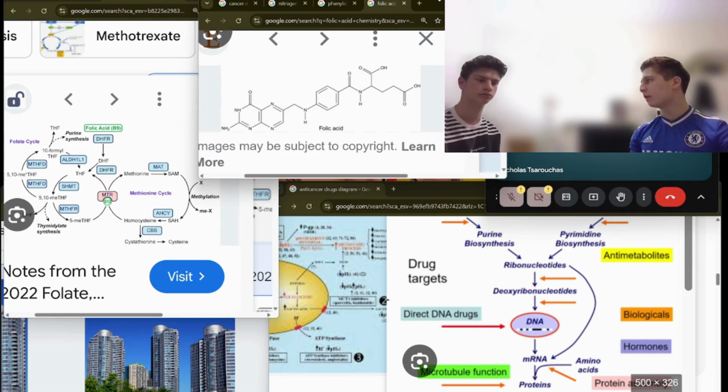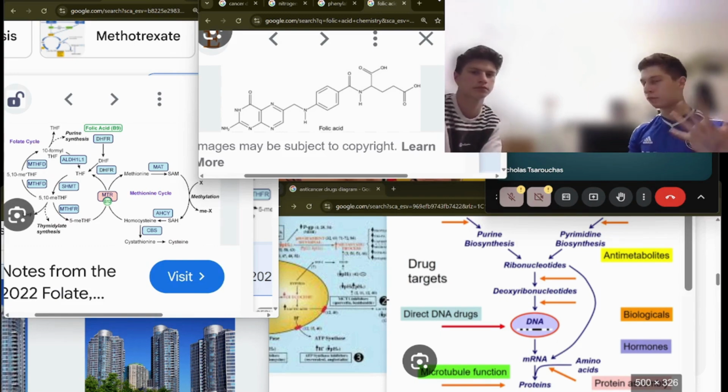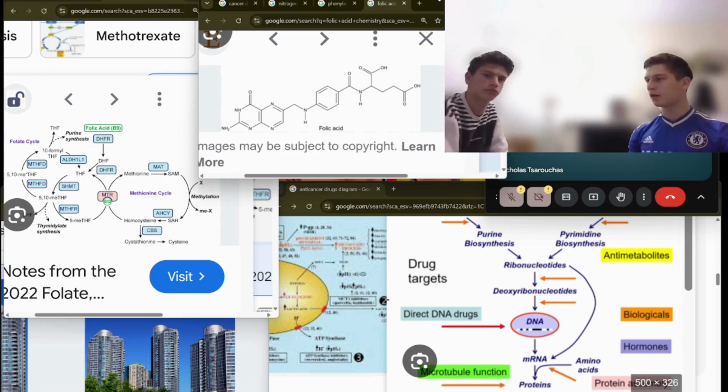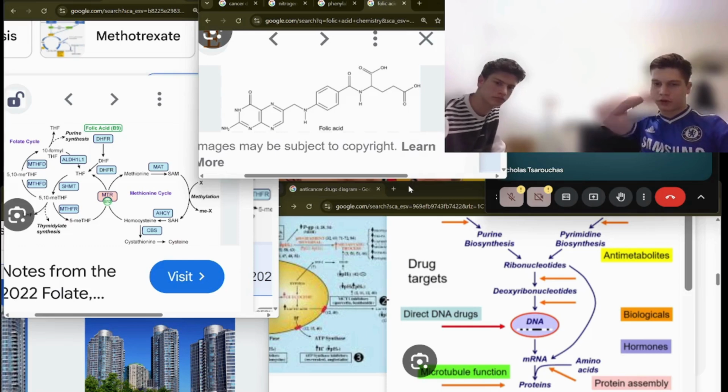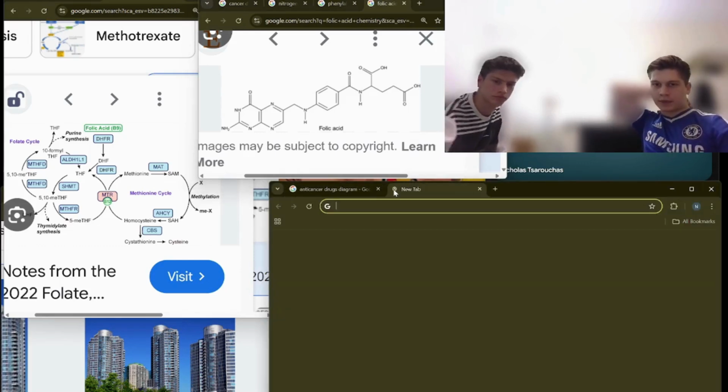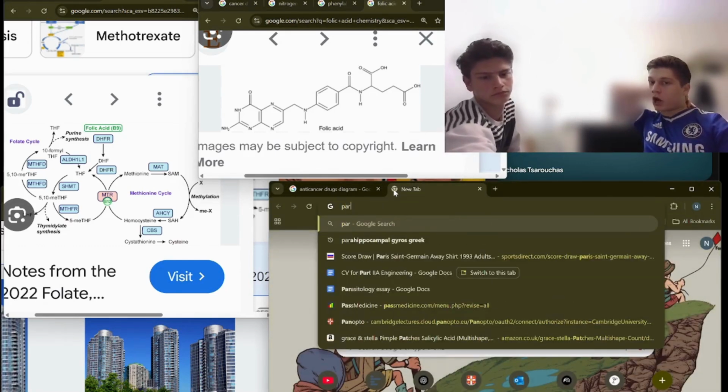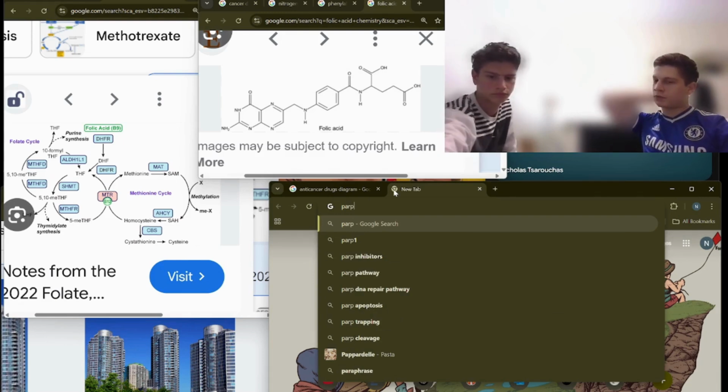What you have, though, in BRCA positive breast cancer, is if this is non-functional, you can't do homologous repair, but you can do single-stranded repair. You have enzymes or proteins called PARPs. PARPs are involved in, I think it's more specifically, MMR, mismatch repair. So if you have DNA damage and you use PARP inhibitors, your PARP inhibitors will block this enzyme.